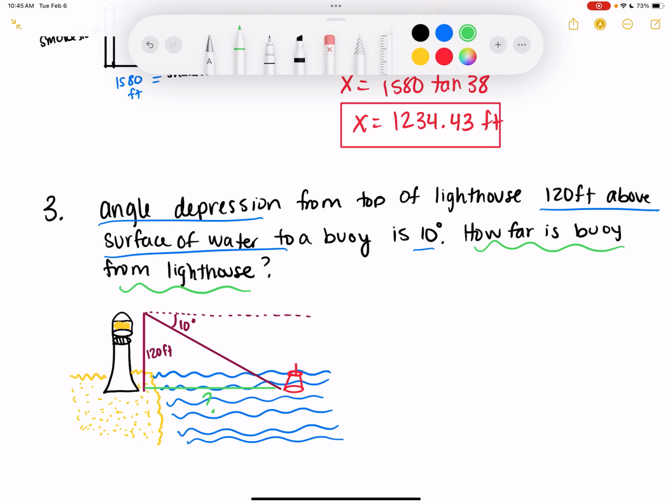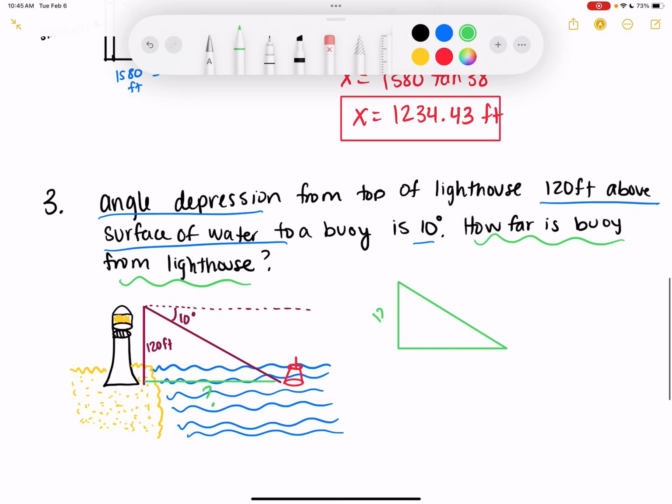So I guess we could just do the interior angle. Okay, so we know this is 120 feet. We know that this also has an angle of 10 degrees. This base x is what I'm trying to find.